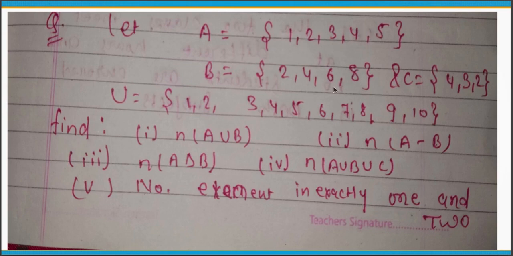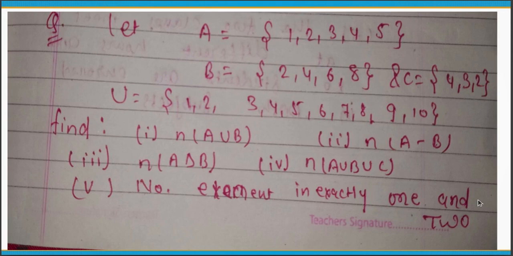Now you can also do the union: A union B is 1, 2, 3, 4, 5, 6, 8. When you do 2 union 1, 2, 3, 4, 5, 6, 8, the total number of elements is 7. Now, no element in exactly 1 or 2.